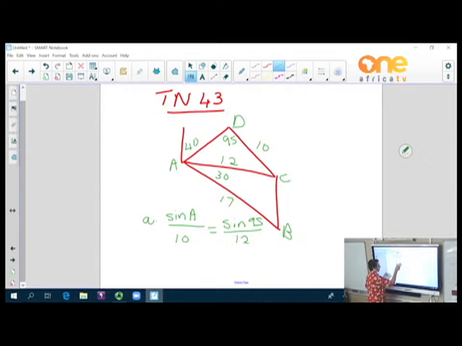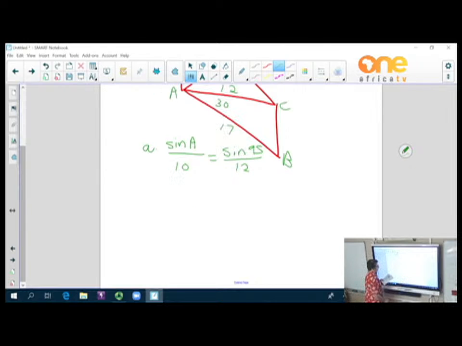Can you see? Opposite sides, opposite angles. You want to find the angle, so it will be second function, your answer. And I got 56.1 degrees. It's necessary that you first do the exercises and then mark them.